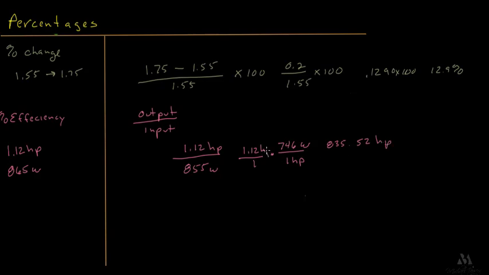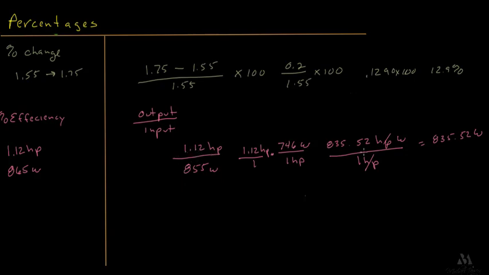I guess I should have a P there. Watts. All over 1 times 1 horsepower, which is going to be 1 horsepower. The horsepower will cancel, which is going to leave us with 835.52 watts. All right, so let's go back to our original equation.